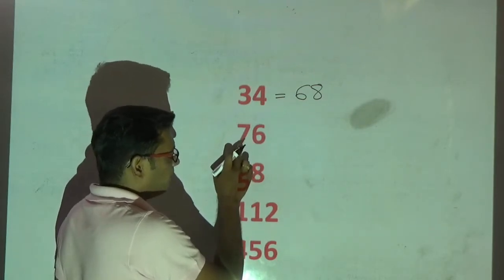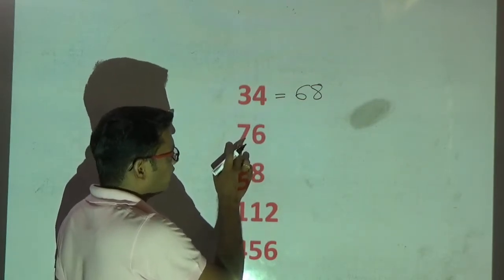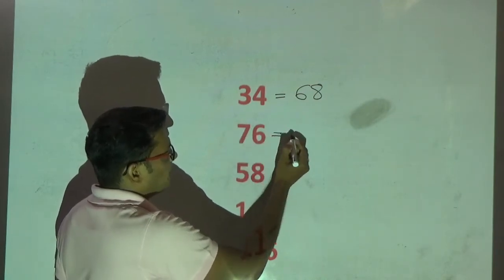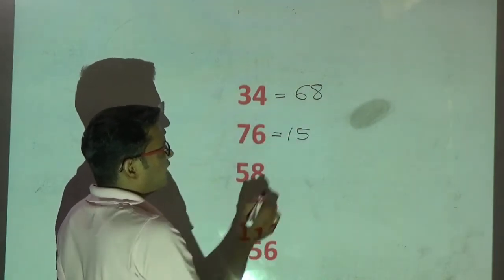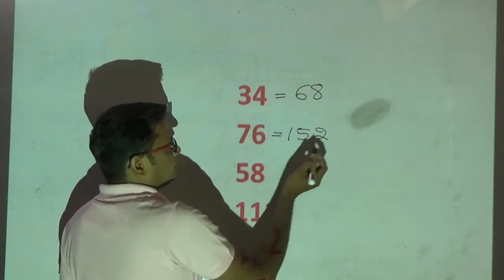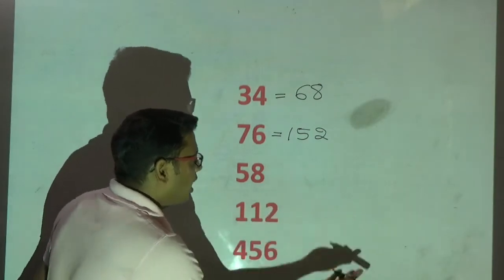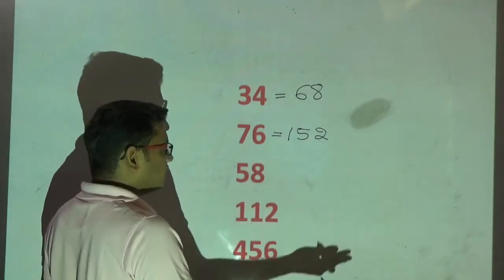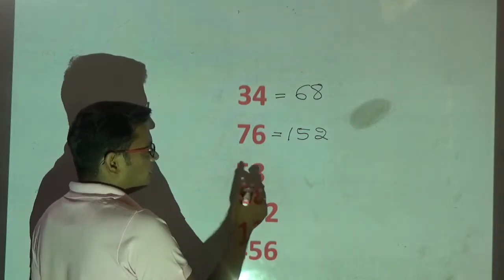Therefore, 7 you double. 7 double is 14. Since 6 is more than 5, you have to add plus 1 to the 14. It will become 15. Now, 6 double is 12. Write only the end digit. So, before you double, check the next number. If it is equal to 5 or more than 5, add 1.